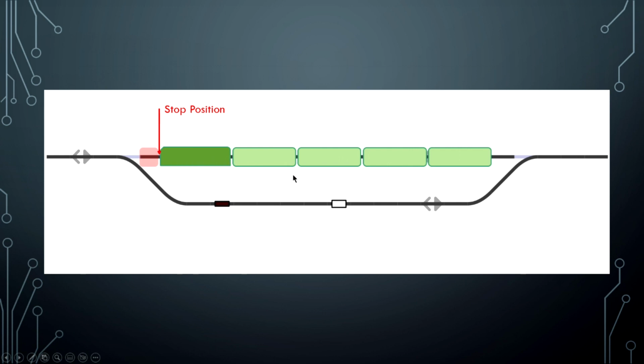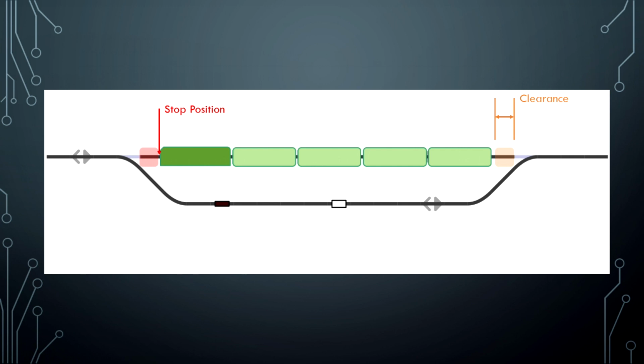The clearance is now at the other end of the block, which is now the start of the block when travelling in this direction. Therefore, we always need to be mindful of the direction of travel.